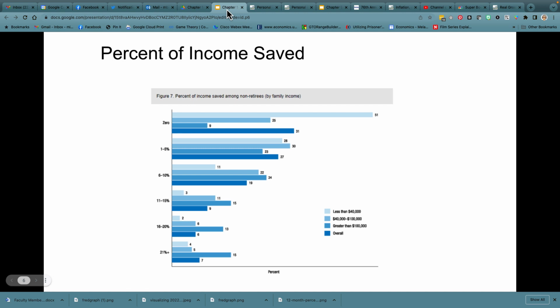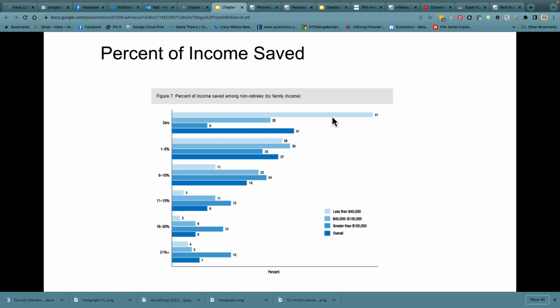Then we have greater than $100,000, and that darkest blue is the overall rate. Okay. So again, this is kind of illustrating what I was talking about earlier. You see that for our families that made less than $40,000, 51% of those families didn't save anything, right?